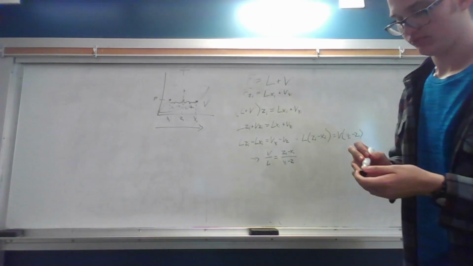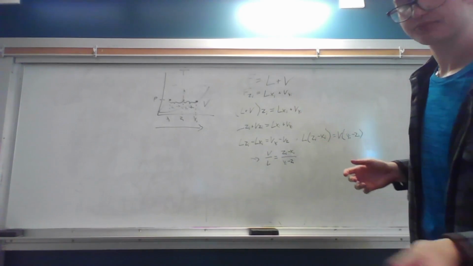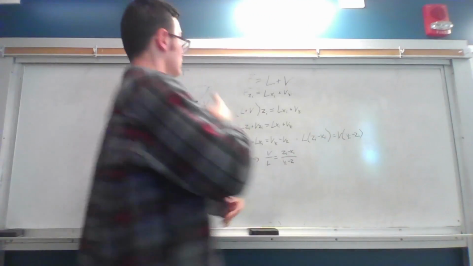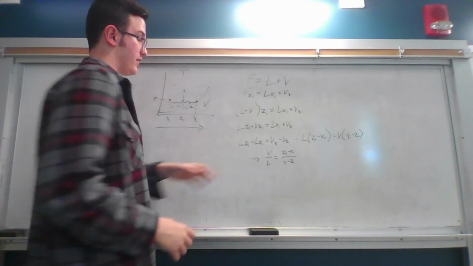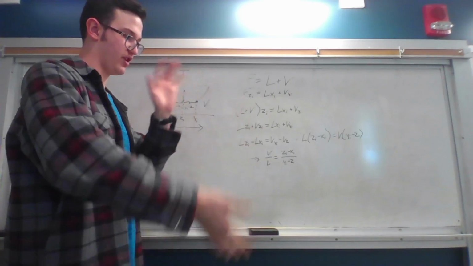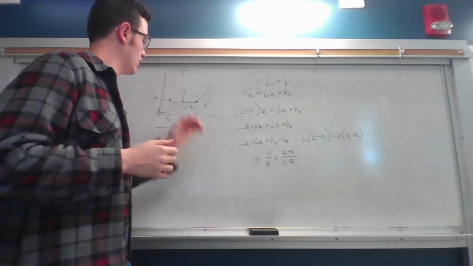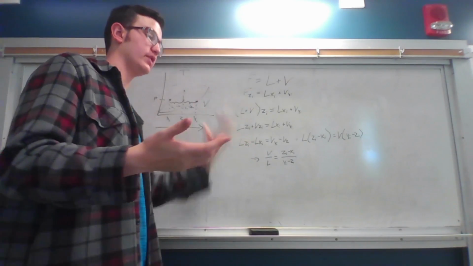So who cares? We did all that, what does it matter? Well, if you'll notice, this is the relationship, the ratio of the amount of vapor to the amount of liquid.